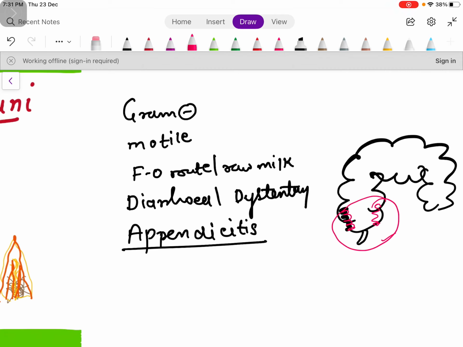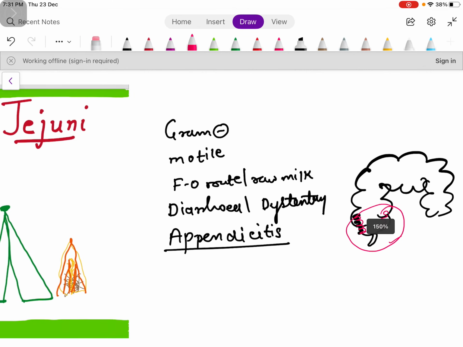So it may mimic clinically that the patient is having appendicitis, but with further tests, that is by USG or CT scan, you can find out that the appendix is absolutely normal and this disease is Campylobacter jejuni, which is mimicking appendicitis. Okay, so this bacteria can be so sharp that it can fool the doctors, right?